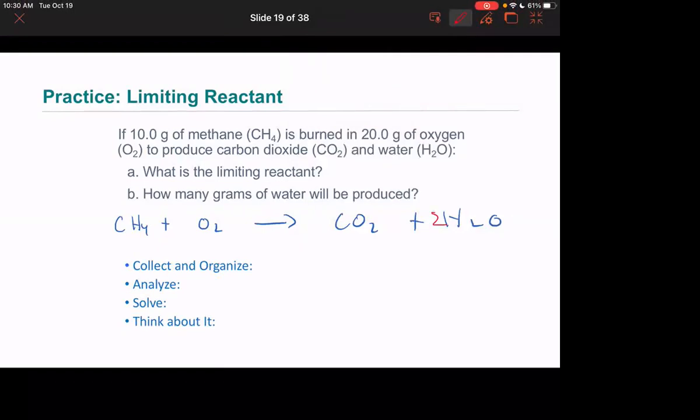That gives me 4 hydrogens balanced, and then we just need a 2 out in front of here, and we're balanced with 4 oxygens on both sides, 4 hydrogens on both sides, and 1 carbon on both sides. We've got 10 grams of methane, 20 grams of oxygen. And the question is, what's limiting and how many grams of water will be produced?